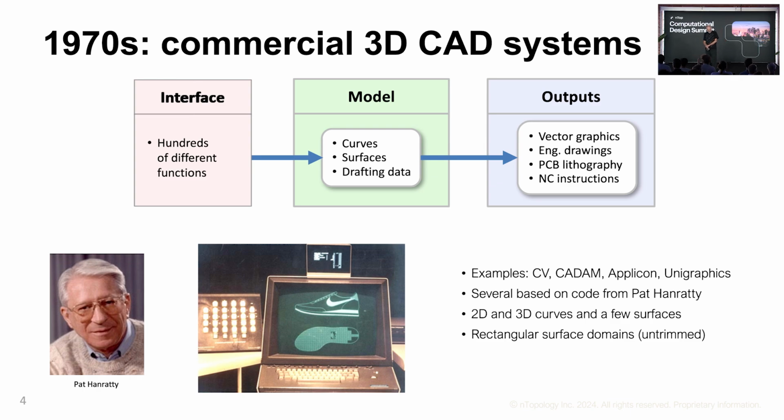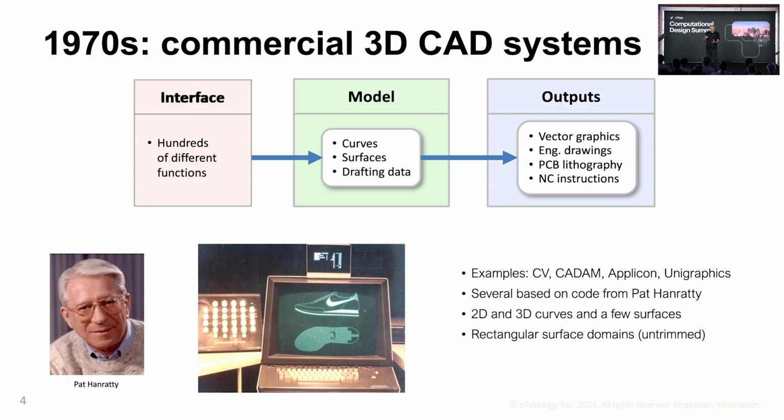Okay, so back to where things started, 1970s, commercial CAD systems, 3D systems started to appear. Systems most of you have probably not heard of because they're all dead except for Unigraphics NX, so Computervision, CADDS, and Applicon. These systems were kind of boundary representation systems, but they were rudimentary in the sense that the faces had to be four-sided. In other words, they weren't trimmed.